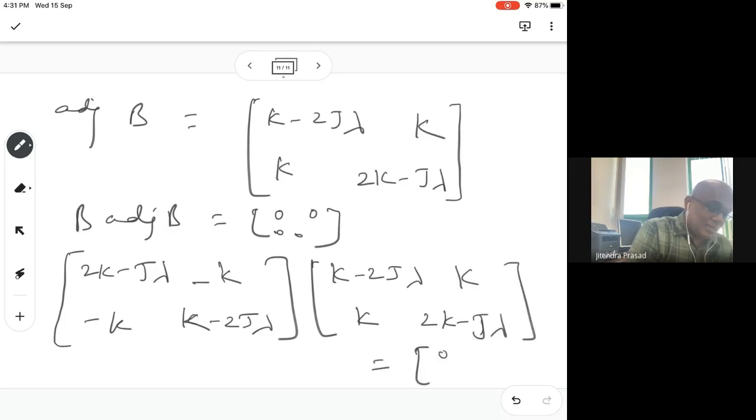This has to be equal to 0, 0, 0, 0. So this is another method of solving for lambda basically.